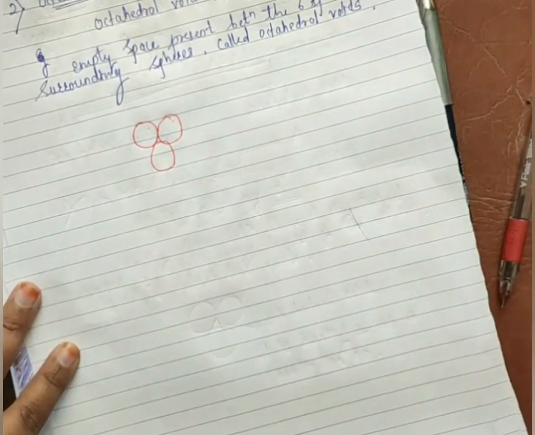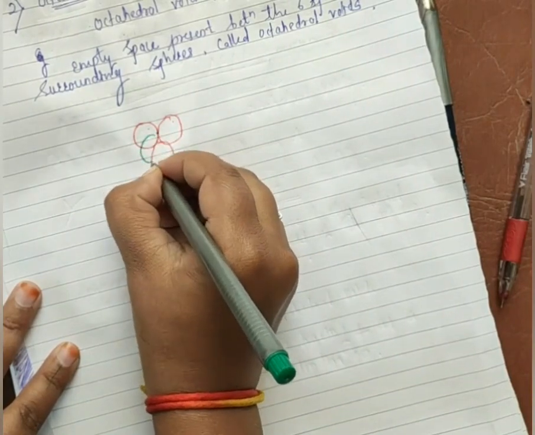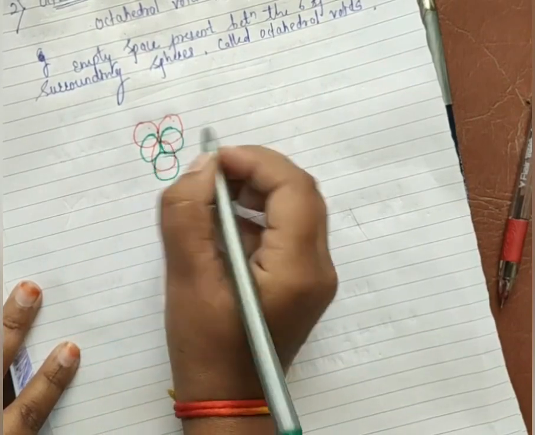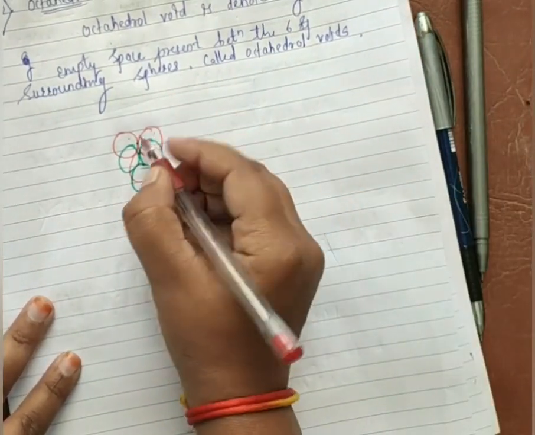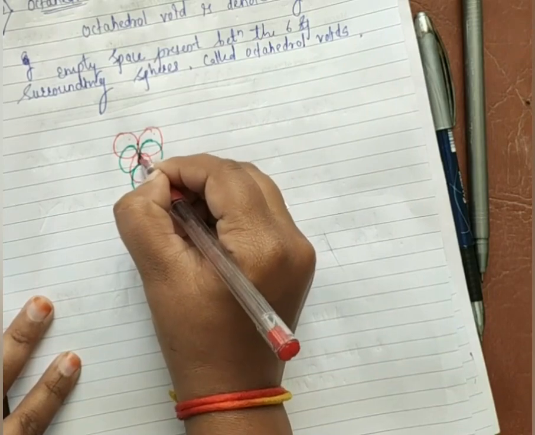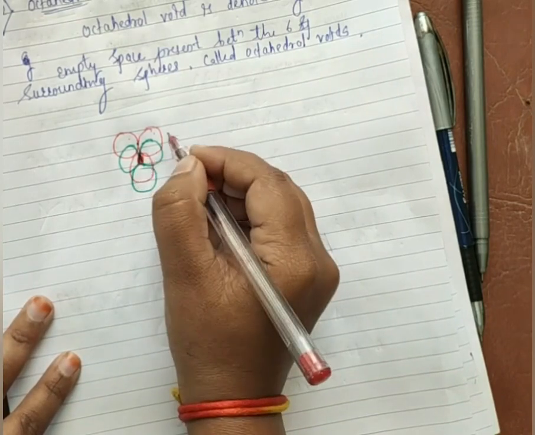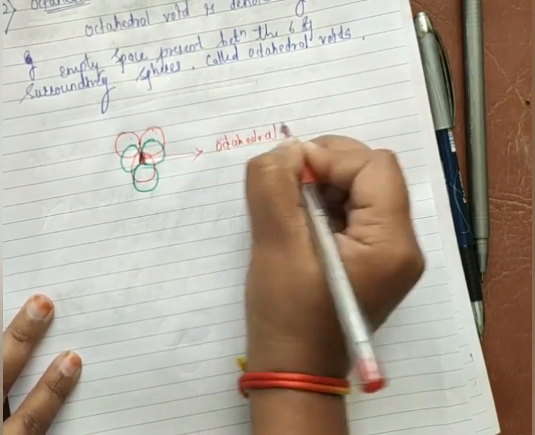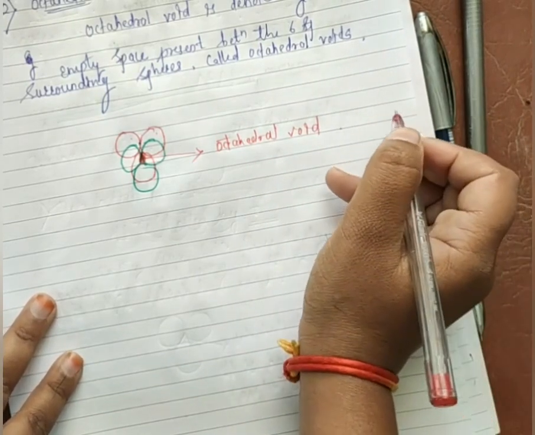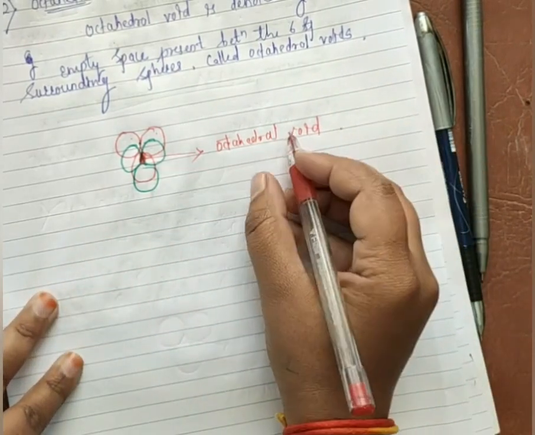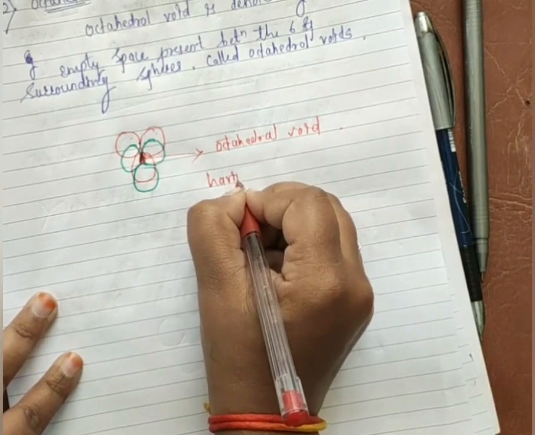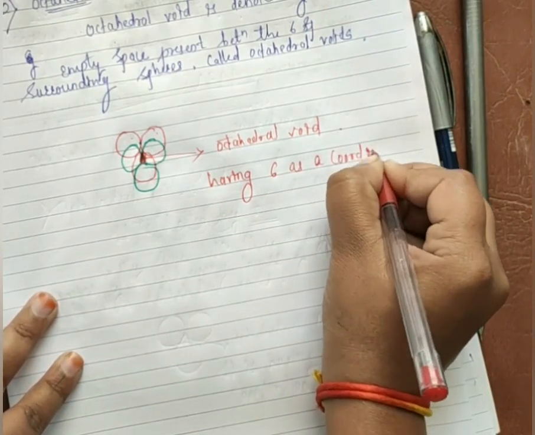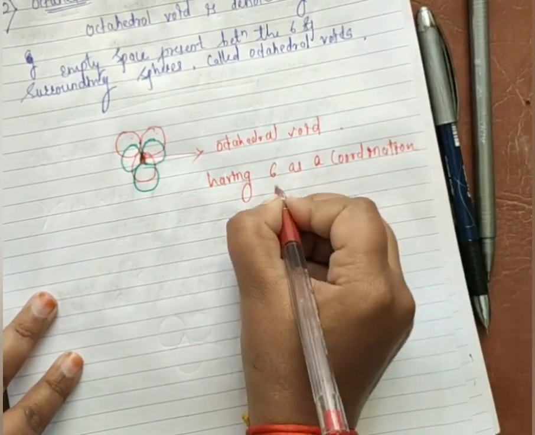These 3 atoms will be present here, and some empty space is present here. This empty space is nothing but the octahedral void, and the octahedral void has 6 as its coordination number.